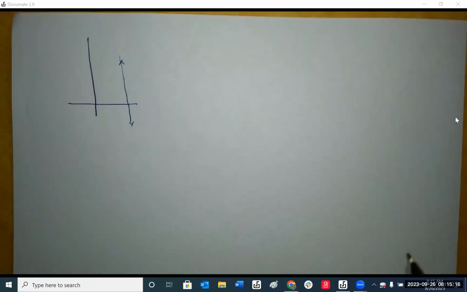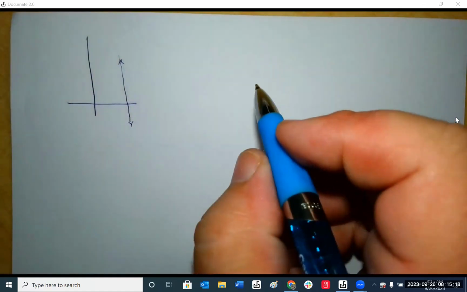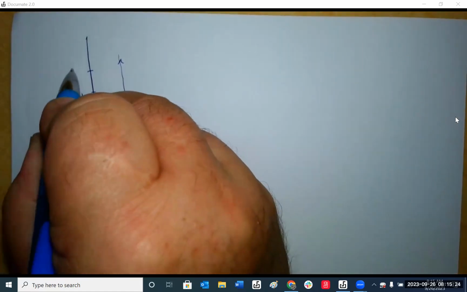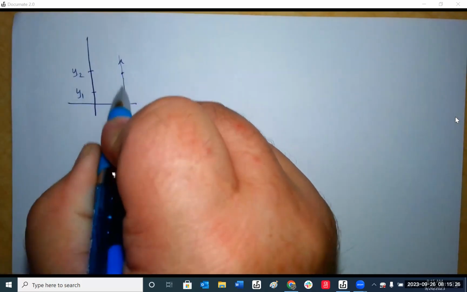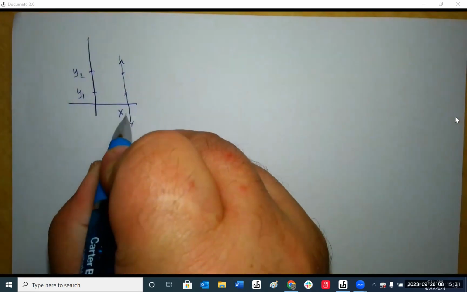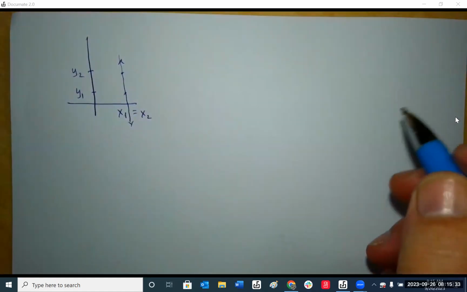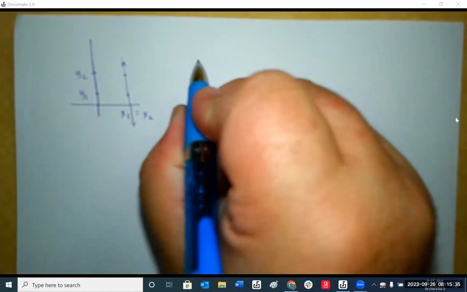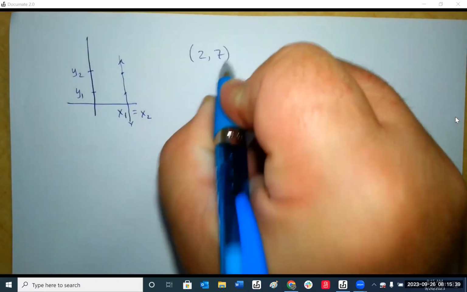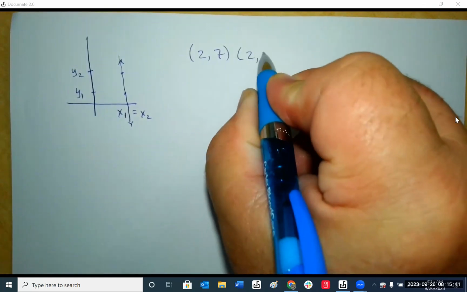We can look at a vertical line. y1, y2. And they both equal the same x. So x1 equals x2. (2, 7) and (2, 10).